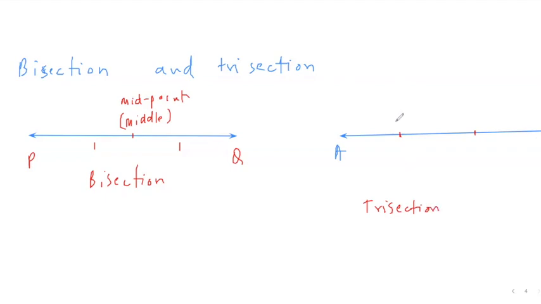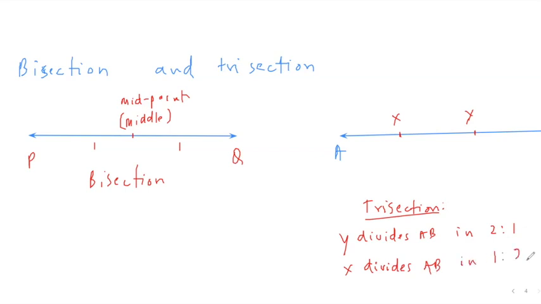And let's say the 2 points in the middle are capital X and capital Y. So Y divides AB in the ratio of 2:1. Okay. X divides AB in the ratio 1:2. All right, is that fine? All these parts are equal though.